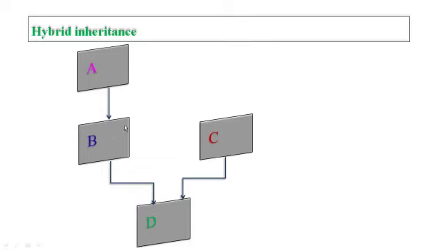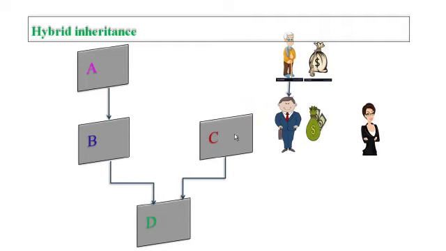The properties of class A are inherited into class B, and class D is inherited from class B and class C. Therefore, all the features of class B and class C are inherited into class D. The class D will have both multi-level inheritance and multiple inheritance.